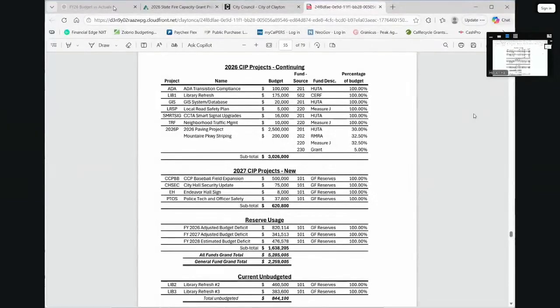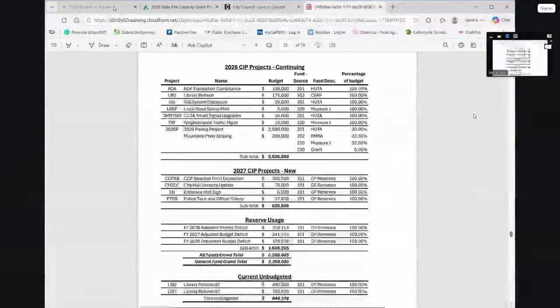These were the things that I can't remember what we put up there, but they're continuing projects because they're basically underway. Okay, and then the 2027 section, the next section, are some of the things we talked about at the last meeting that we said yes, we want to move forward with, and those are coming out of general fund reserves.